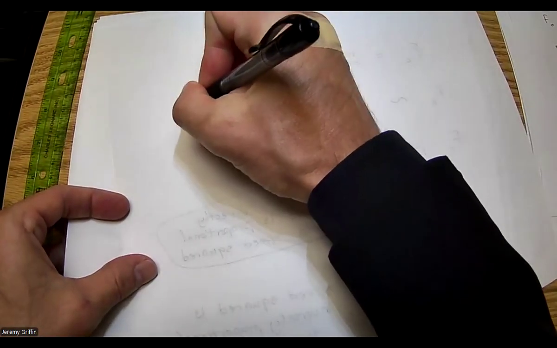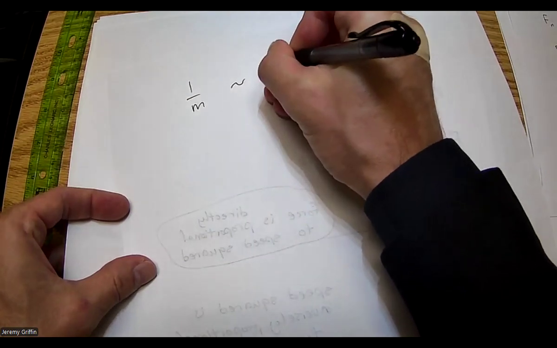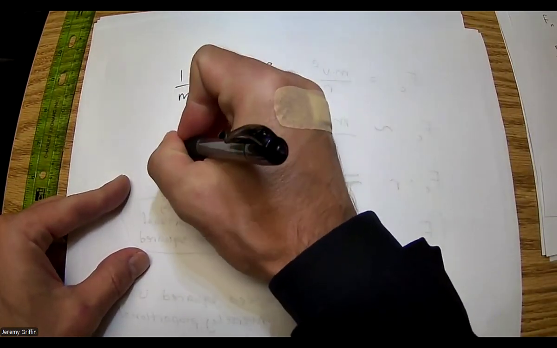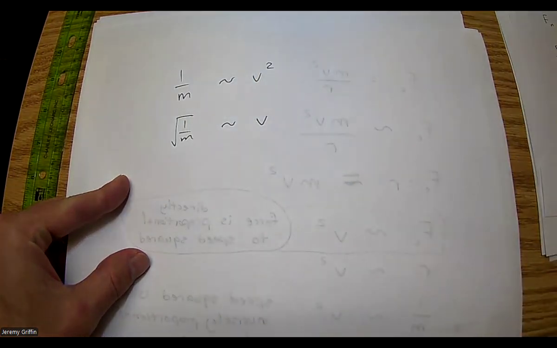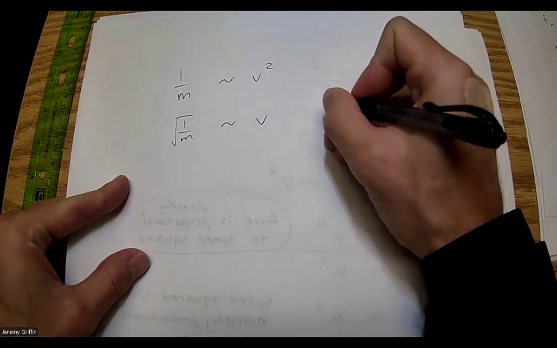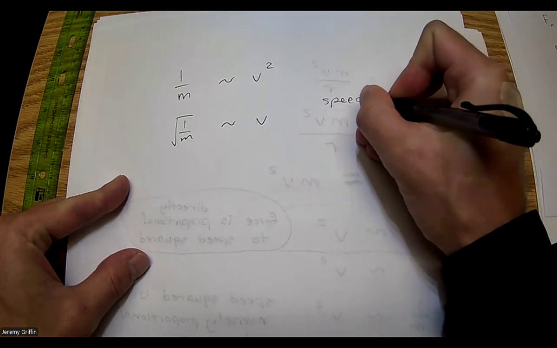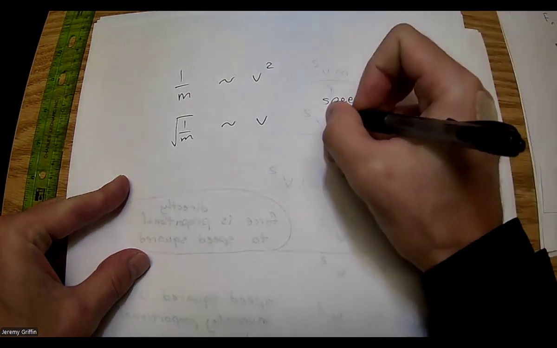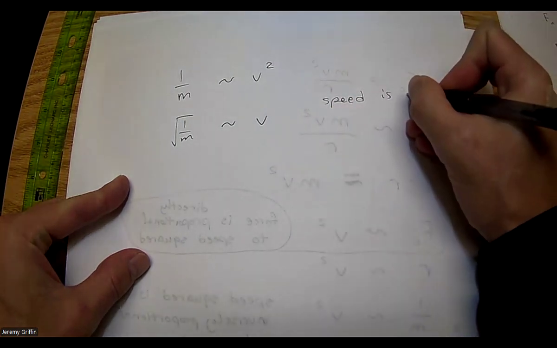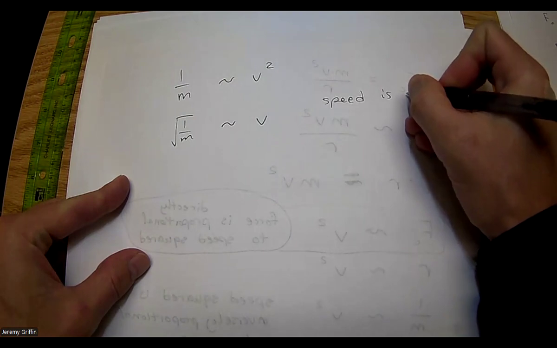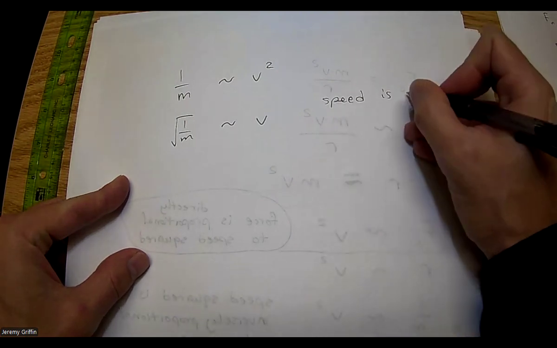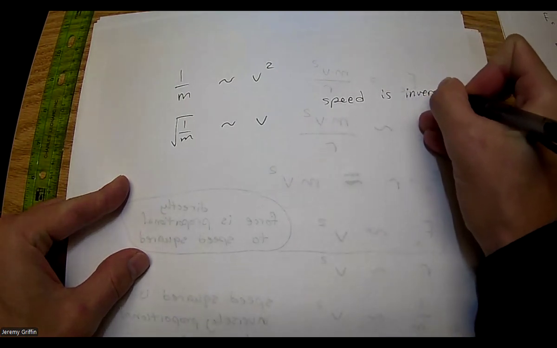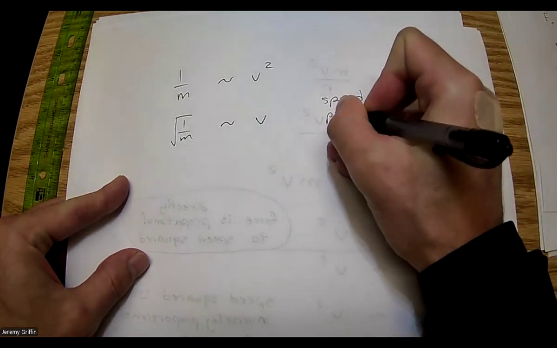Here, let me take this one. We're kind of out of paper there. So I got 1 over the mass is proportional to speed squared. Could you take the square root? Do 1 over the square root of the mass is proportional to v. That would also be true, right? So you could say speed is directly proportional to the square root of 1 over the mass, or you could say inversely proportional.